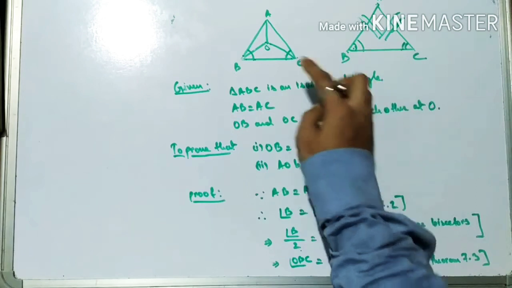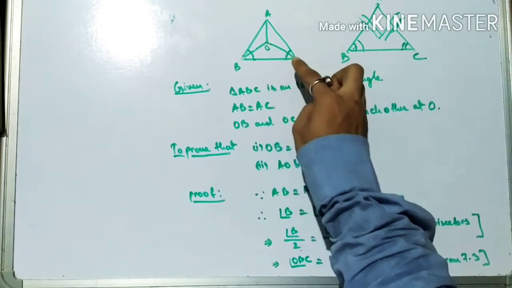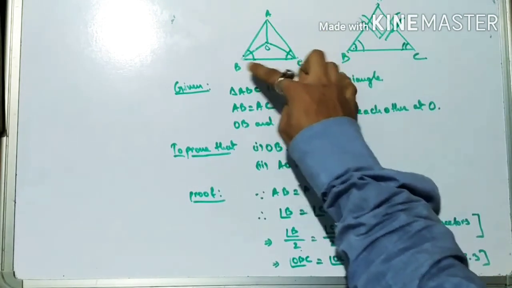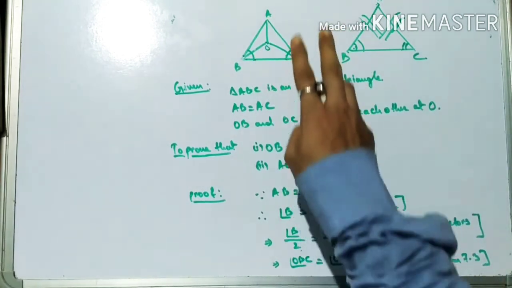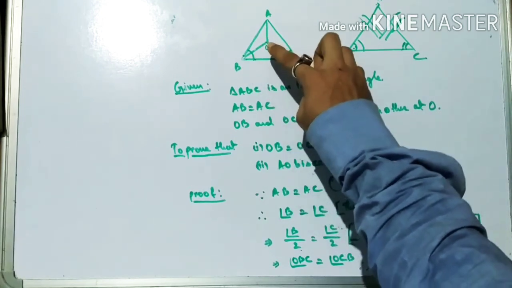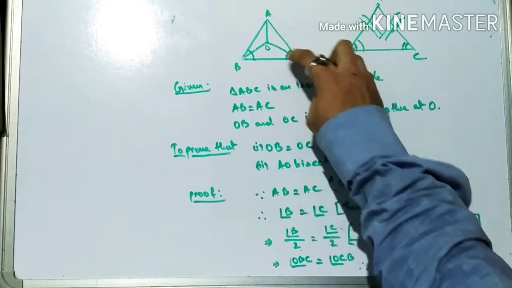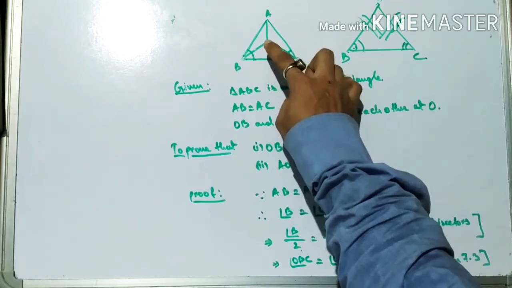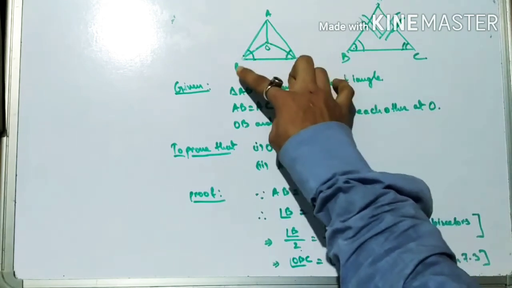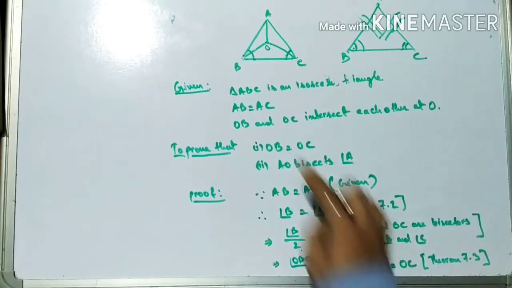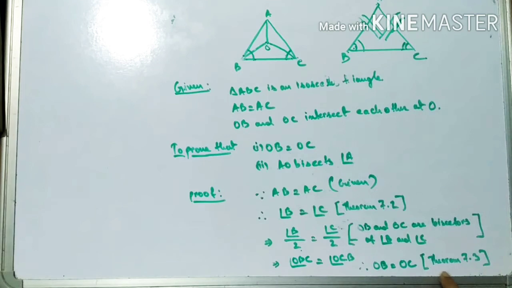And on the right hand side, angle C by 2, this whole angle is angle C divided into two equal parts, so I can write OCB or OCA, but instead of OCA I will write OCB. So I showed that angle OBC is equal to angle OCB. Therefore these two sides will be equal, OB equals OC, and this is from theorem 7.3. You write the whole theorem.